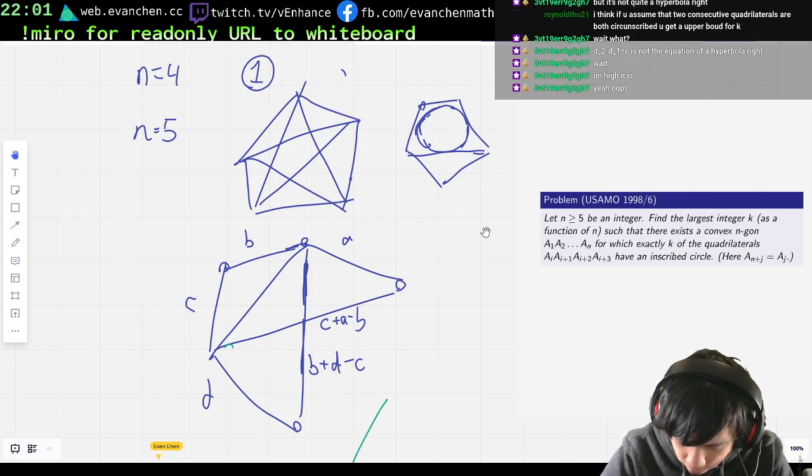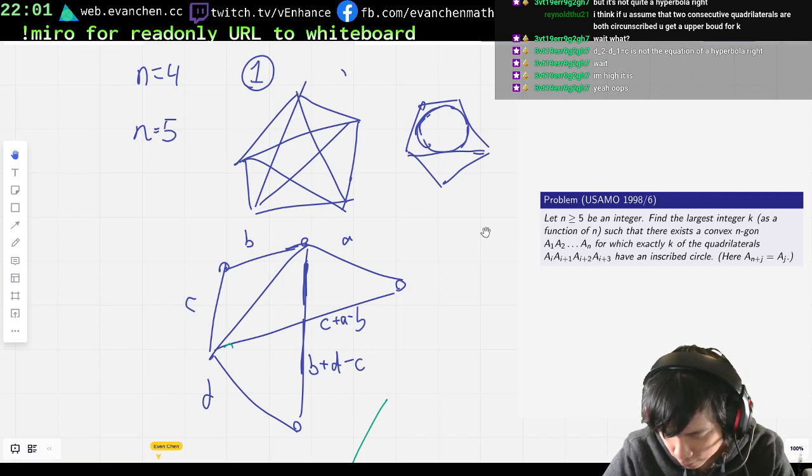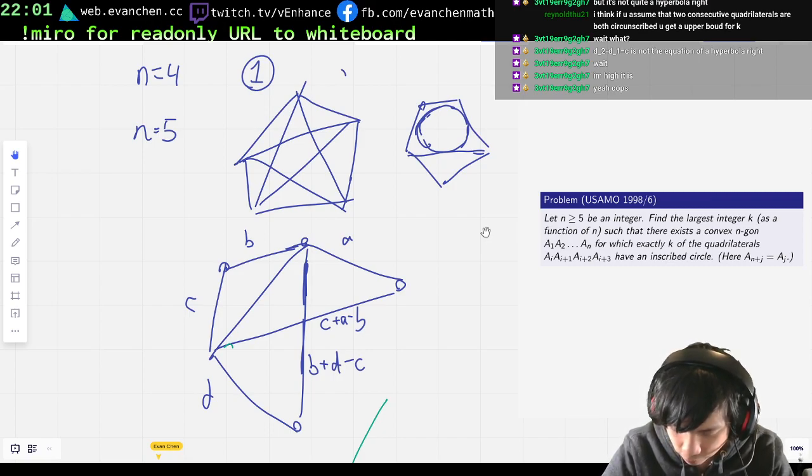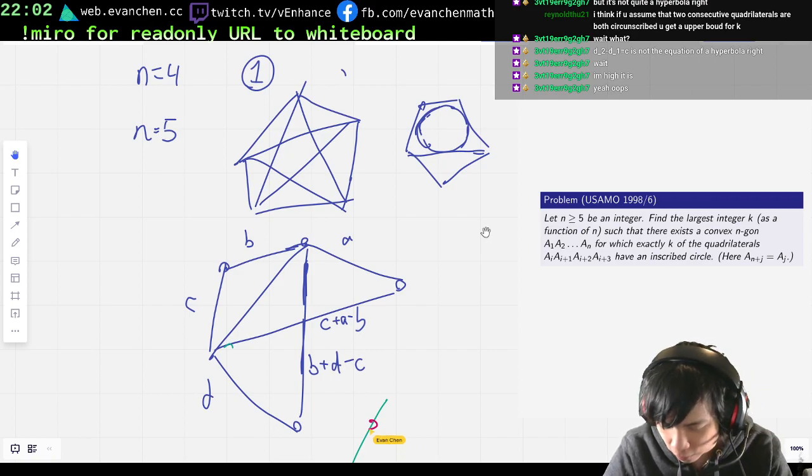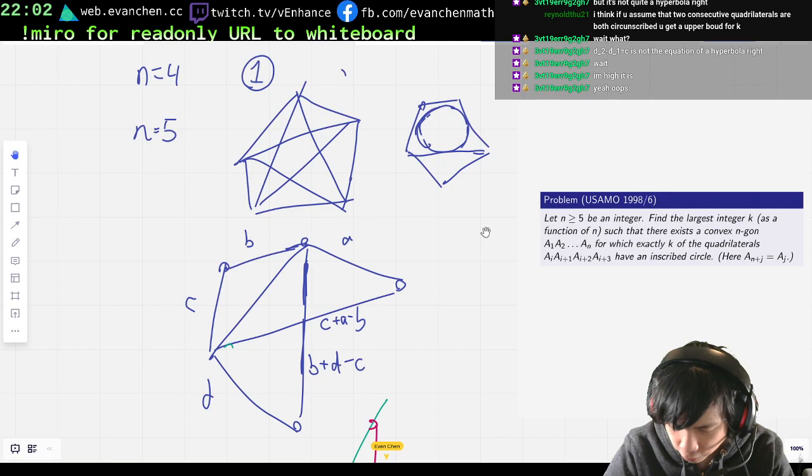I want to show that I can't have three vertices. I want to show if I have three vertices on this branch, then it's not convex or something like that. I think that's just true because if I have 3 points on a hyperbola, something bad happens.